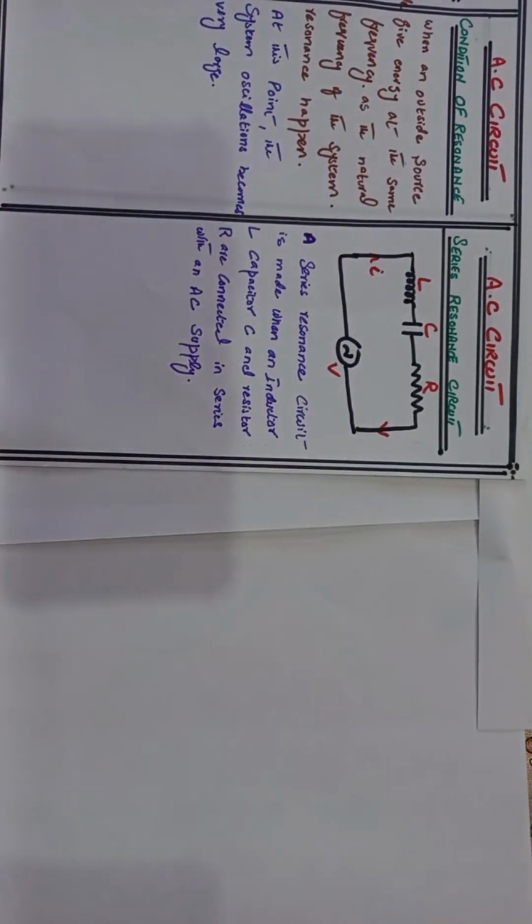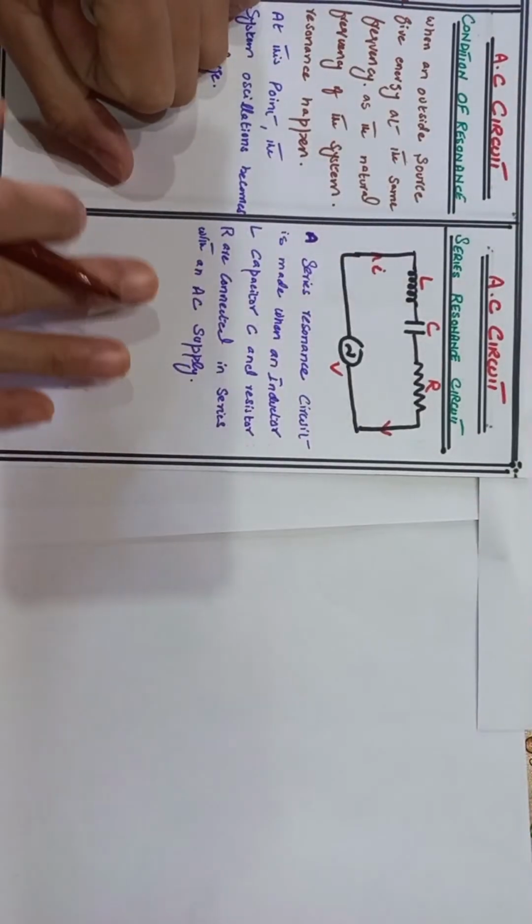At a certain frequency of the alternating current, this circuit allows the maximum current to flow. At the resonance frequency, the circuit allows maximum current to flow.